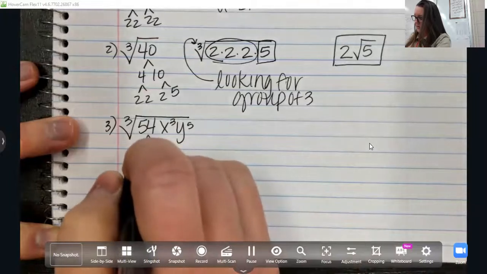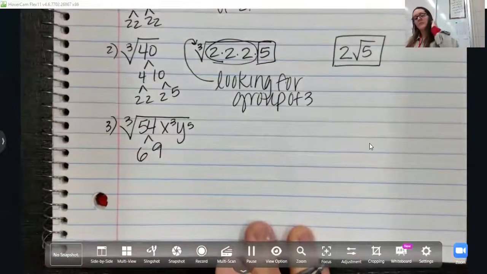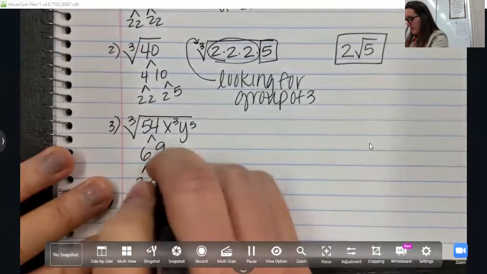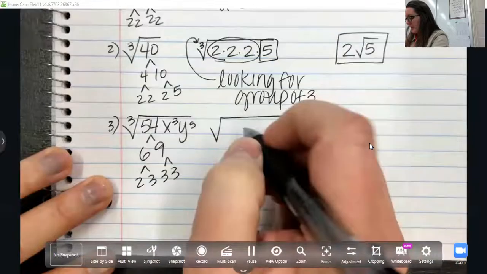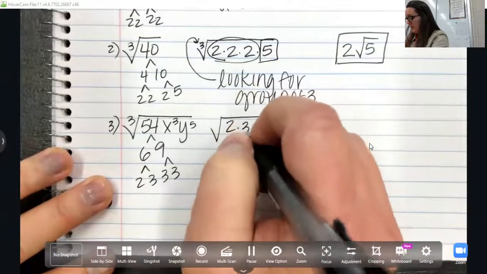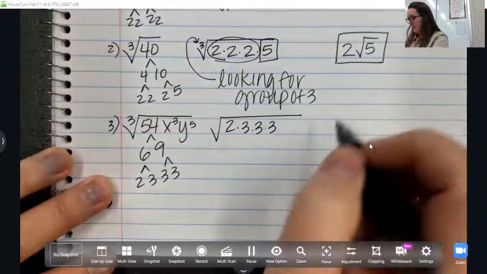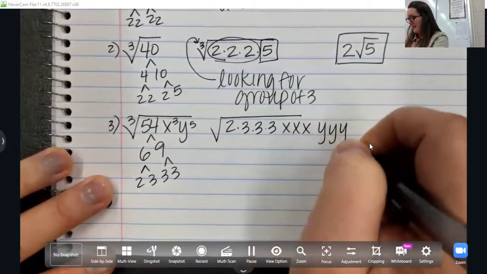We know that it is 6 and 9. So we have 2 and 3 and 3 and 3. So our prime factorization here with the variables is 2 times 3 times 3 times 3. We have 3 x's, it gets kind of long, and 5 y's.